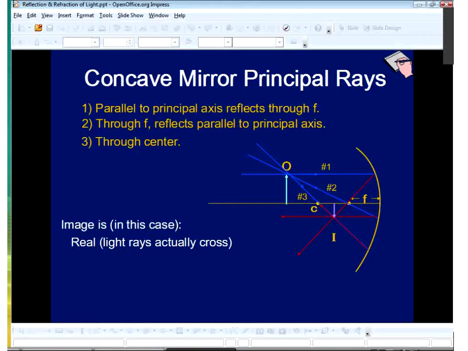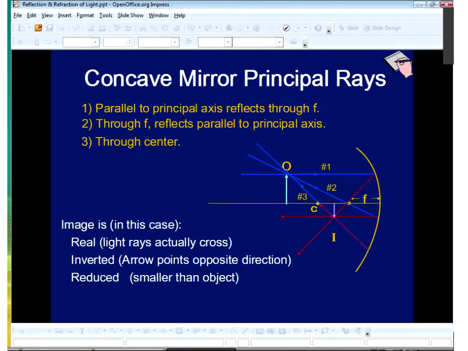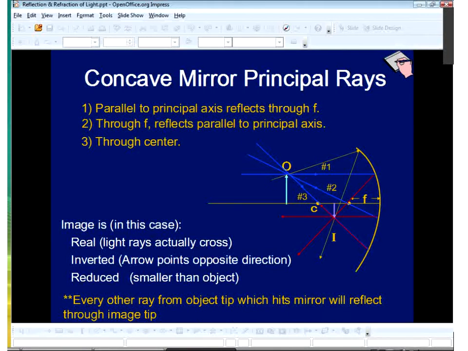Image on the left side, it has to be real. While often we don't show more rays, any other ray you choose must follow its path through this.